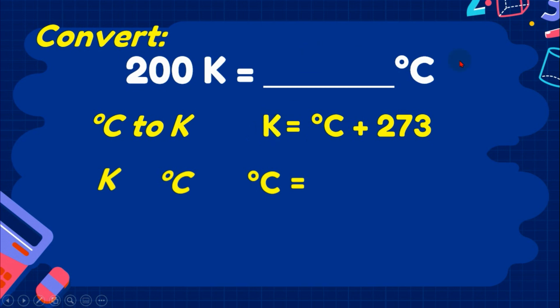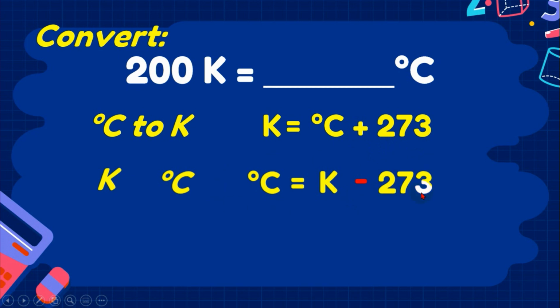Pero, ang nawawala dito ay degrees Celsius. Hindi ka pwedeng gumamit ng ibang formula, kundi eto lang talaga. Dito tayo mag-base. Tapos, pasok natin si Kelvin dito sa loob. Right? And then, si plus here, papalitan na natin ngayon siya. Papalitan mo siya ng operation. Gagawin mo siyang minus. And then, ibaba lang natin si 273.